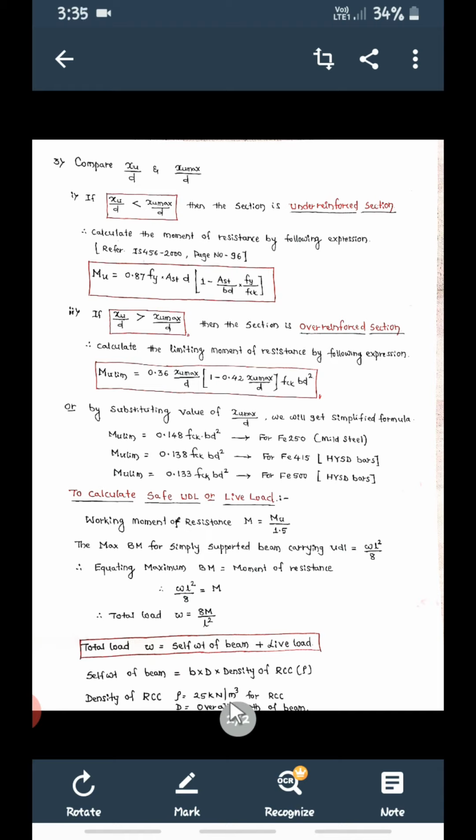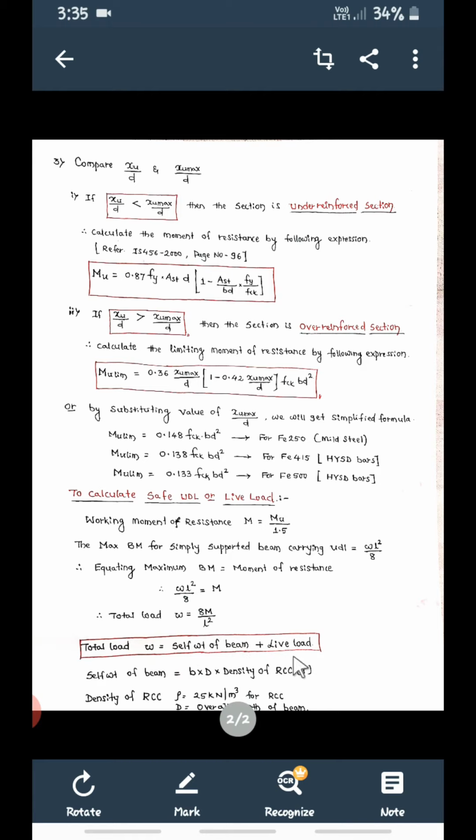If it is only plain concrete, then density of concrete will be 24. For plain concrete, density will be 24, and for RCC, density will be 25 kilonewton per meter cube. So B is known, capital D is known, then multiply this with 25, we are going to get the self weight of the beam.